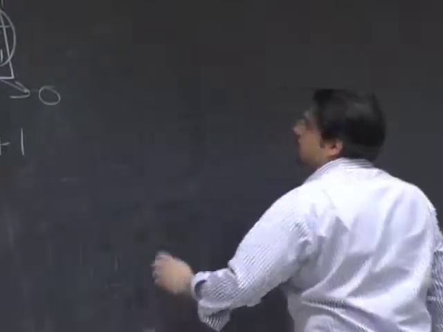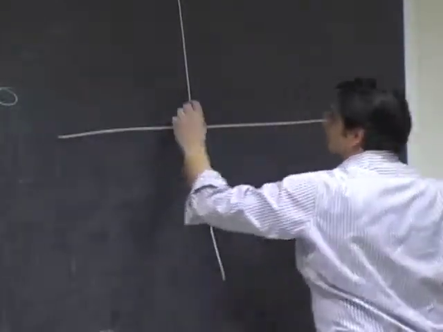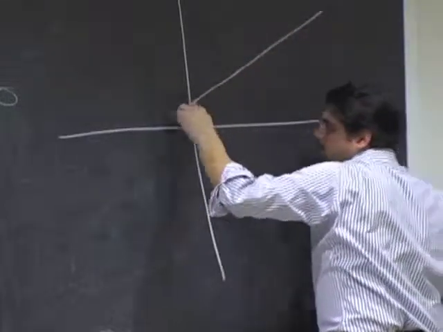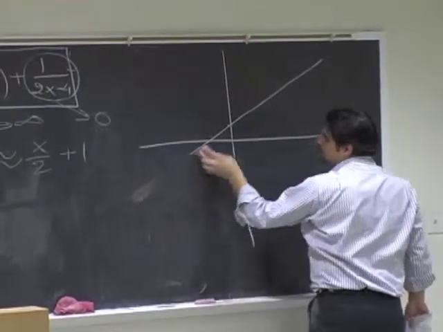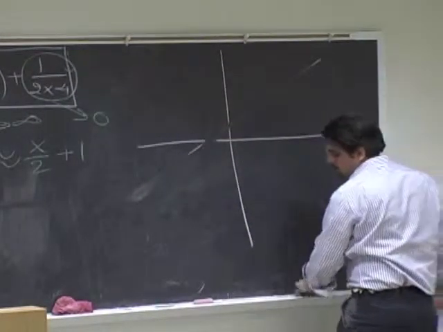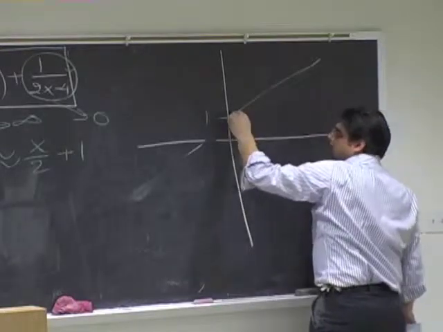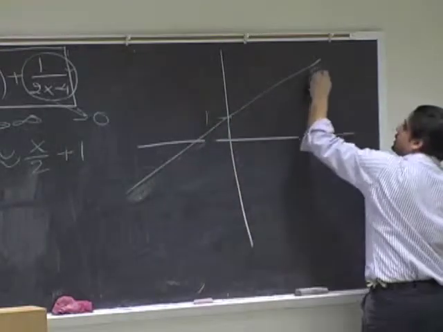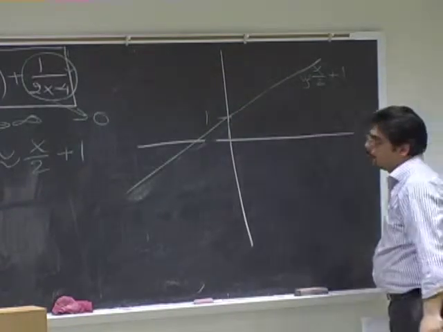Let's draw that and see what it looks like. So x over 2 plus 1 is looking something like this. That's the graph of y equals x over 2 plus 1.